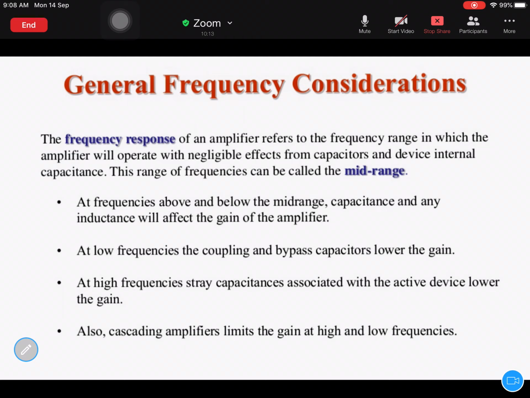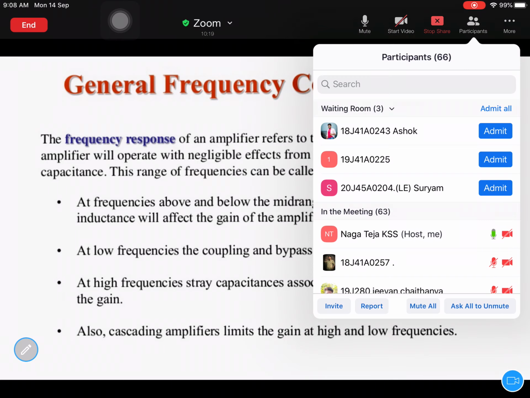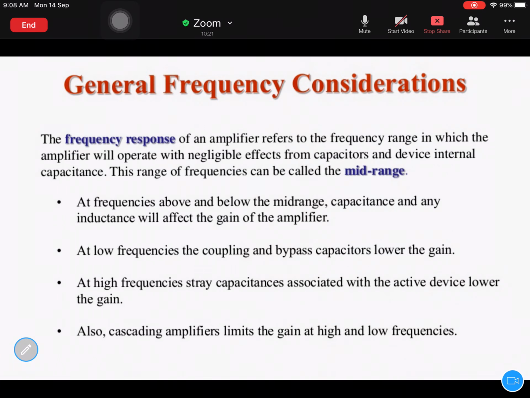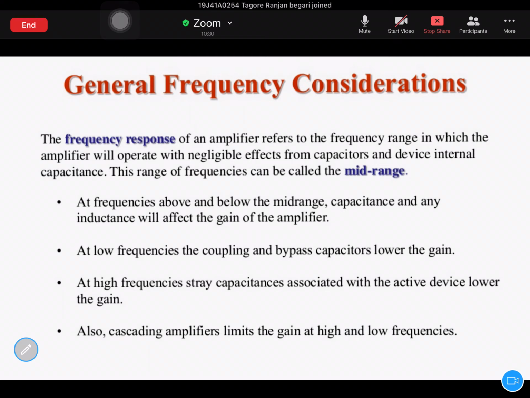Here I am dealing with a transistor, and a transistor can operate at a wide range of frequencies when an AC signal is given to the transistor system, which consists of DC biasing.